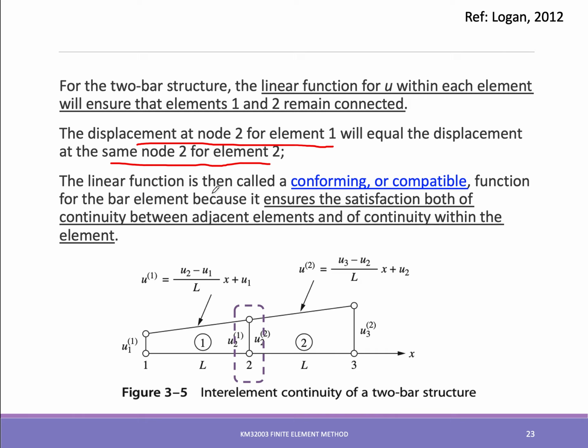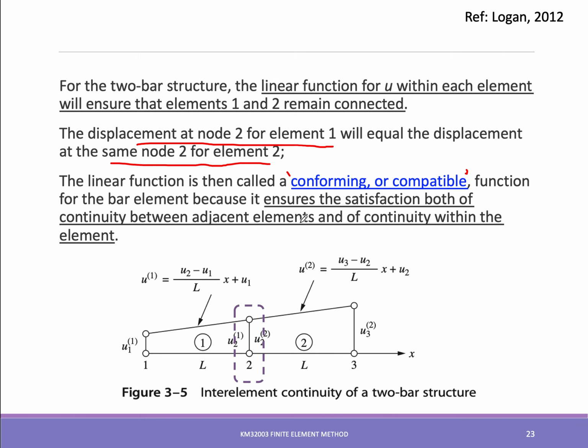And when these functions comply with this, we call them conforming or compatible functions. So when they comply with these inter-element conditions, these functions we call conforming or compatible functions.